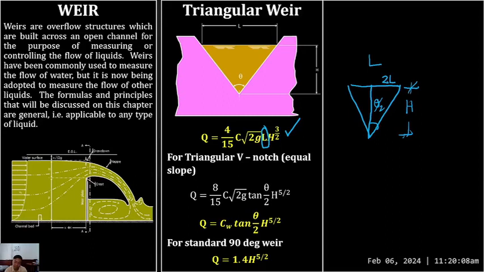Yung H pala is yung adjacent side ng theta over 2. So, that would be tangent theta over 2.